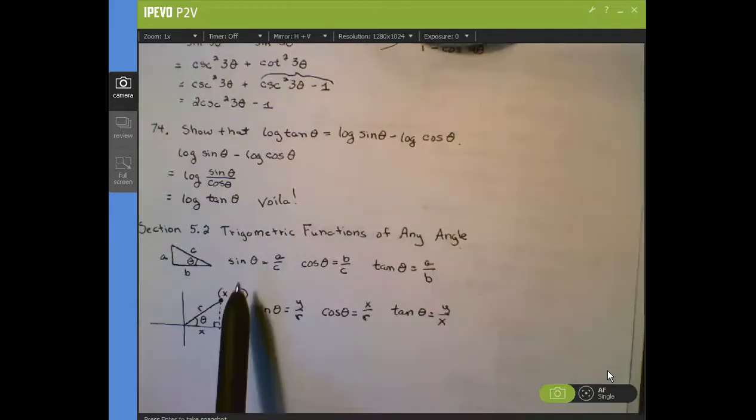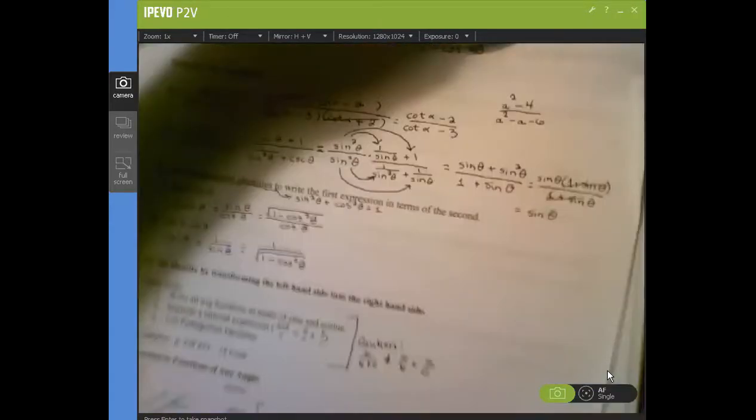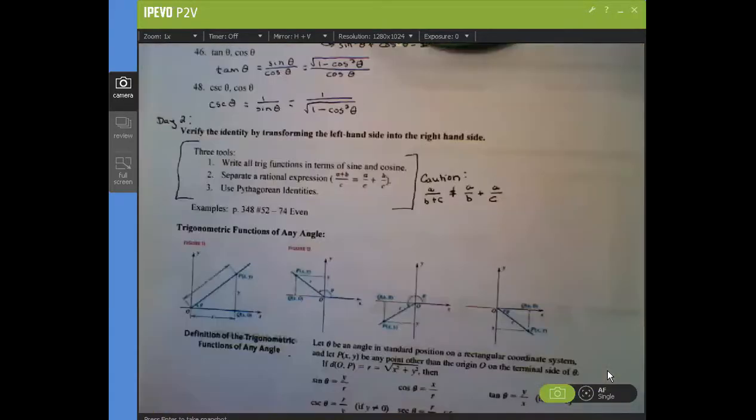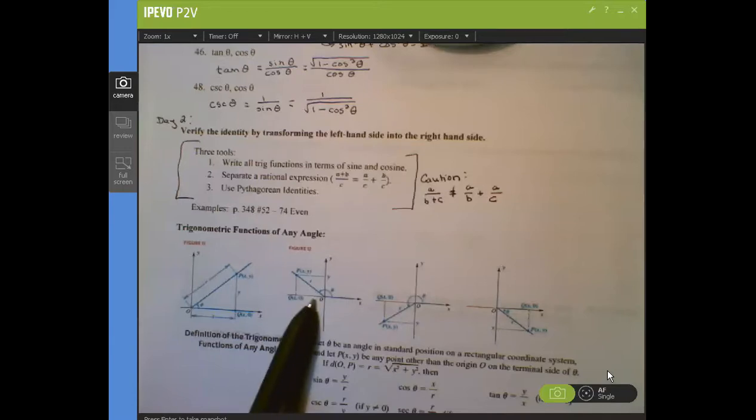Now, here I made my point in the first quadrant, but to show you something from the book, if my point was in the second quadrant, I could still drop a vertical line straight down to the x-axis. This horizontal distance would be x. This vertical distance would be y. r would still be my hypotenuse.